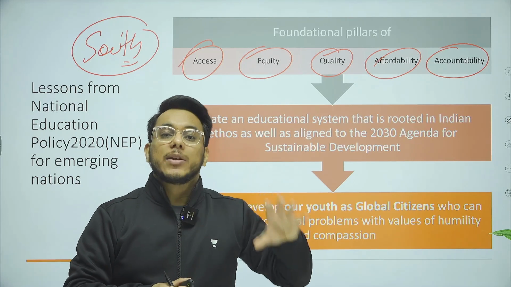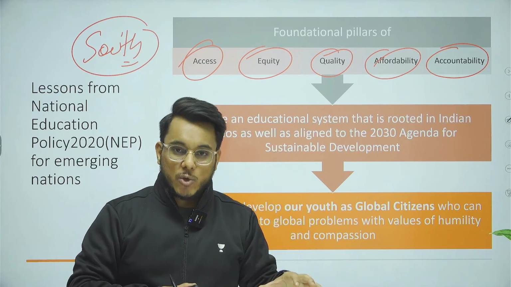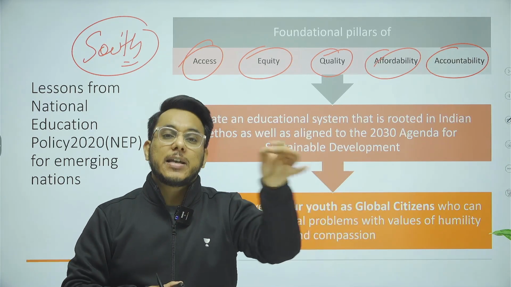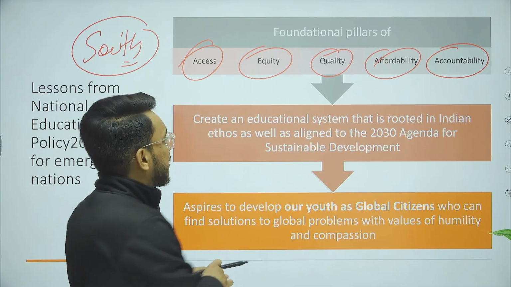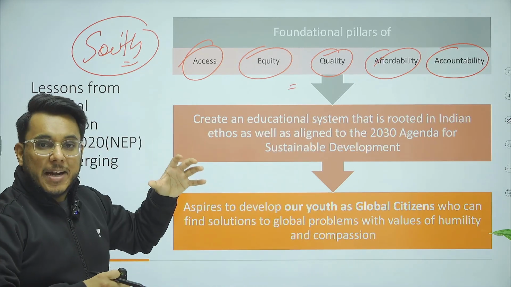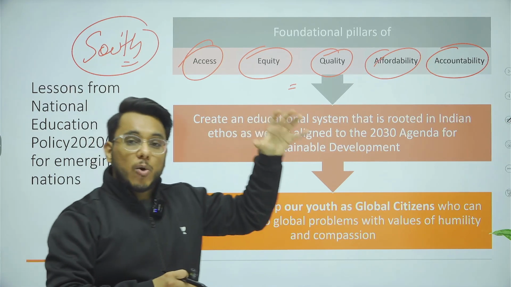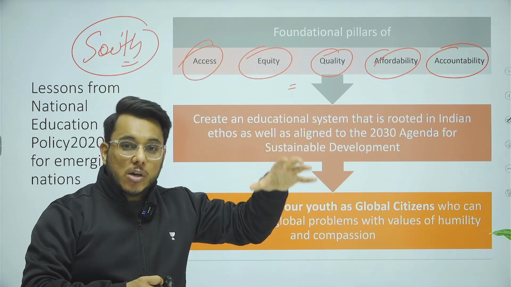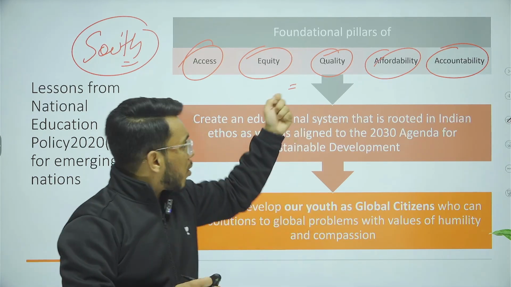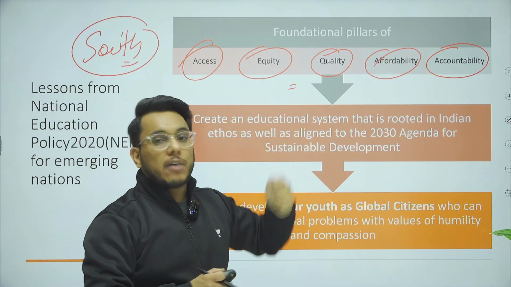Every section should get equitable opportunities for education. There should be no discrimination on gender, ethnicity, or religion. Then quality. Not only should education be made available, but the quality of education and pedagogical skills should be oriented so that students learn new-age skills. So quality is a very important aspect. And then affordability.